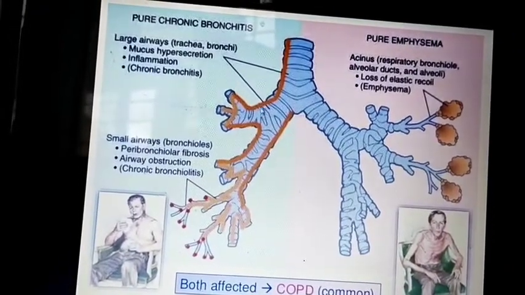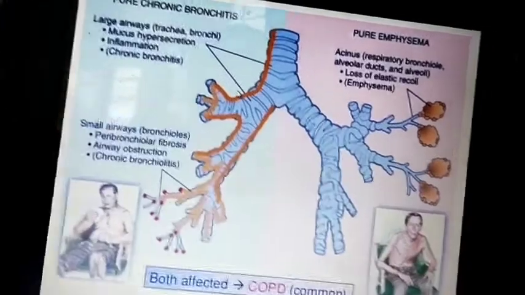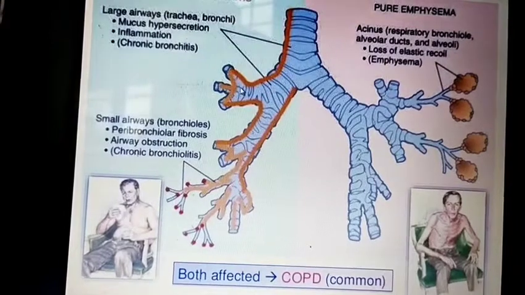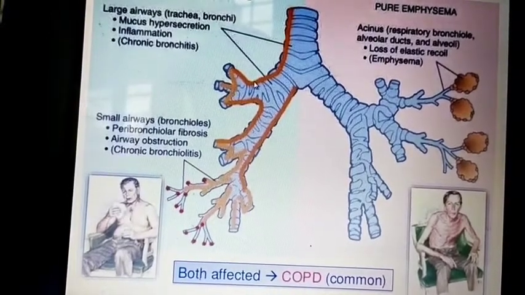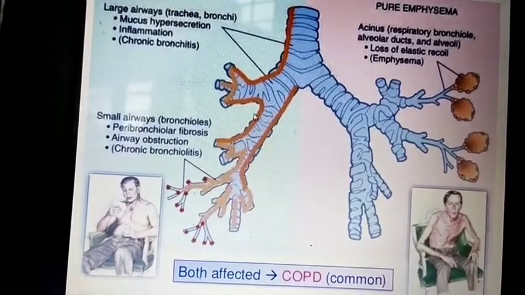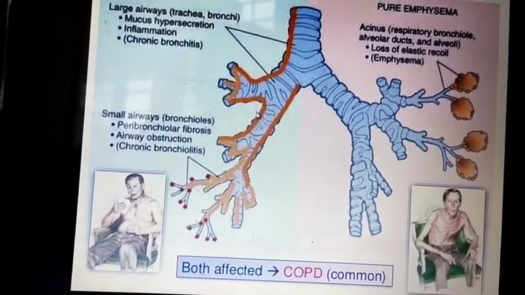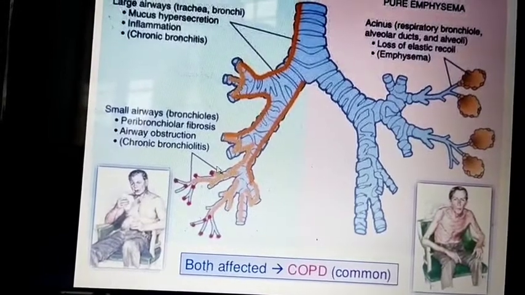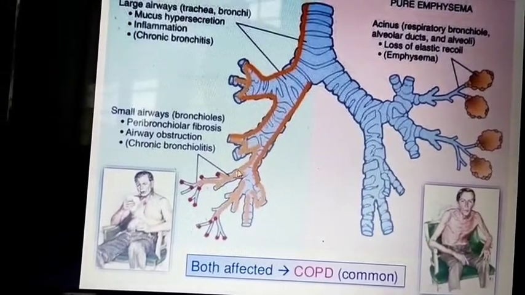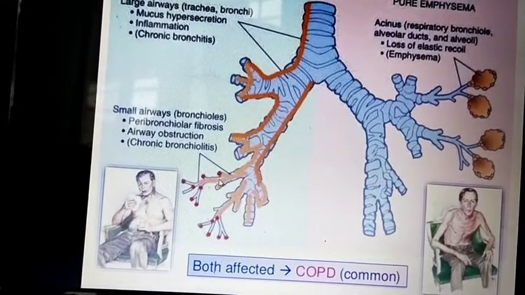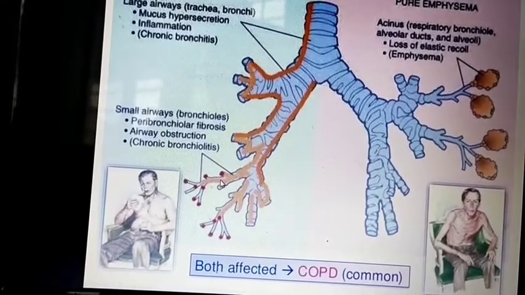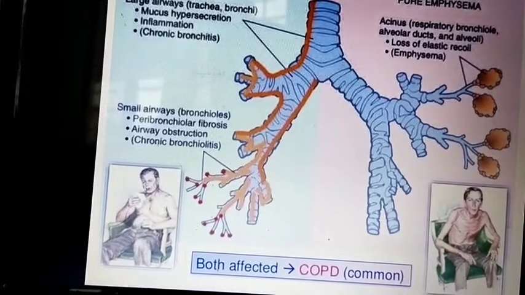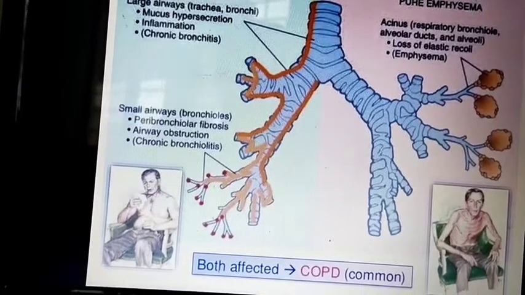That is called bronchitis, and it mainly affects the large airways, that is the trachea and bronchi, with mucus hypersecretion and inflammation. And bronchiolitis means it mainly affects the bronchioles. Inflammation of the bronchioles is called bronchiolitis.